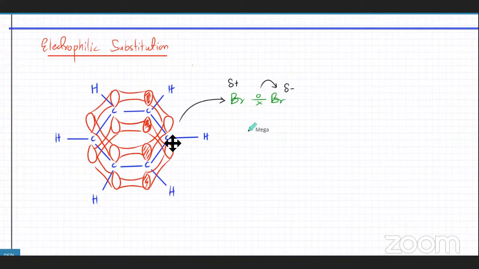First let's write this down: benzene's pi electron cloud, or the ring of benzene, polarizes the bromine molecule.